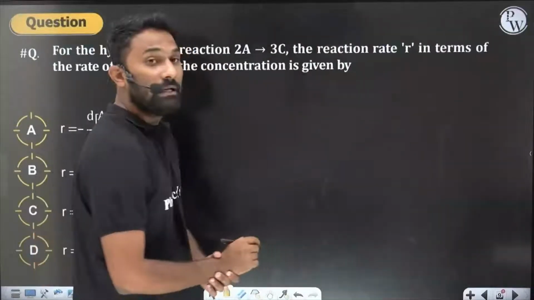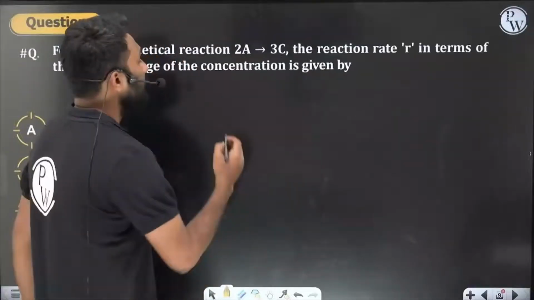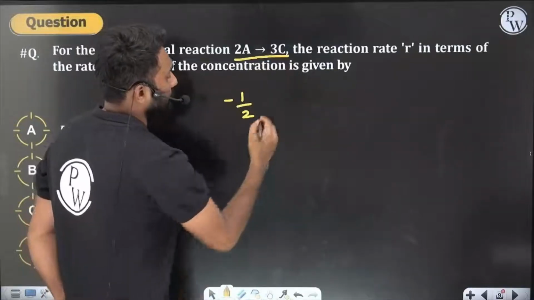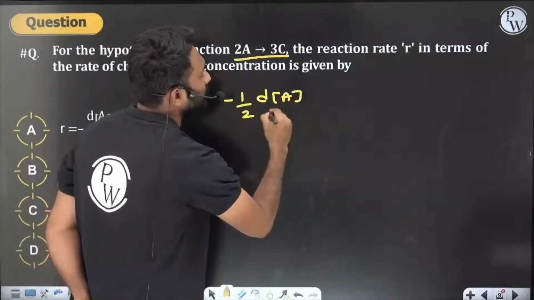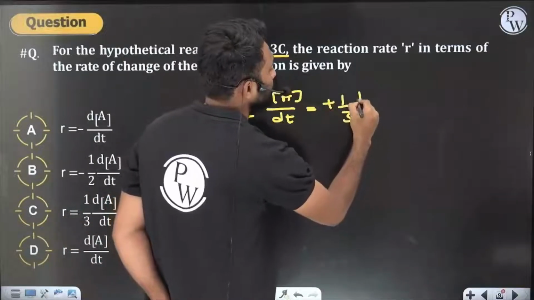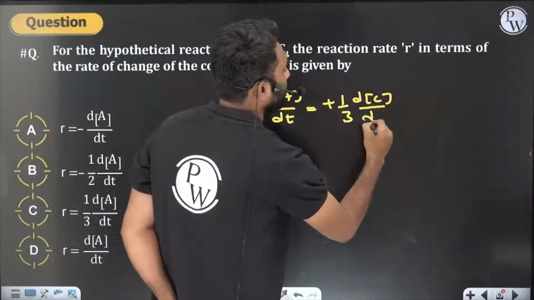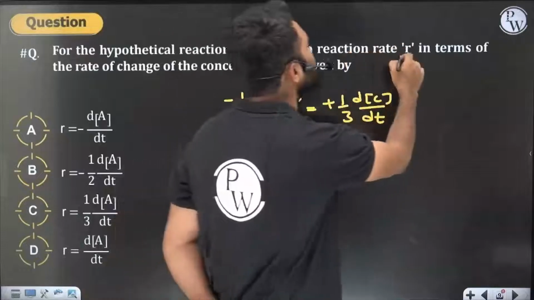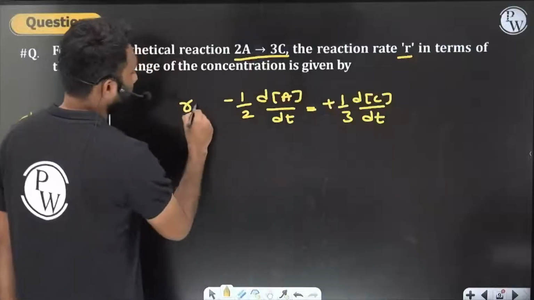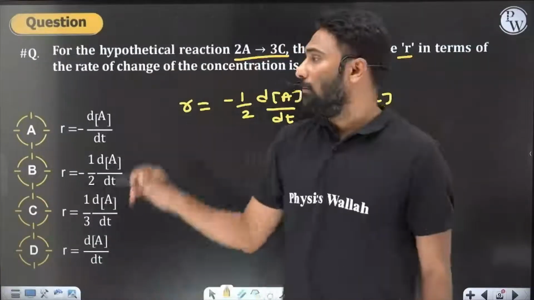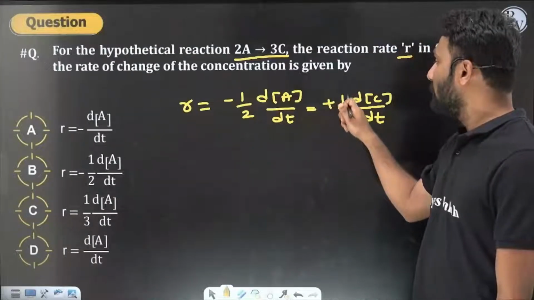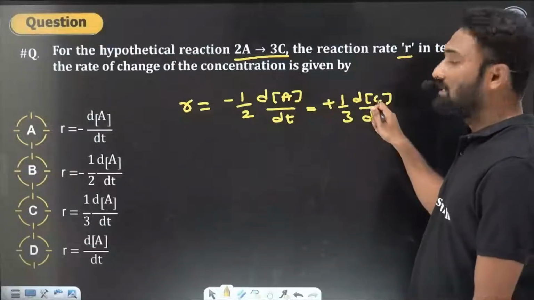Before solving this question, first we have to write the rate of reaction for this one. Reaction rate R is equal to minus of change in concentration of A by dt, is equal to plus 1/3 change in concentration of C by dt.